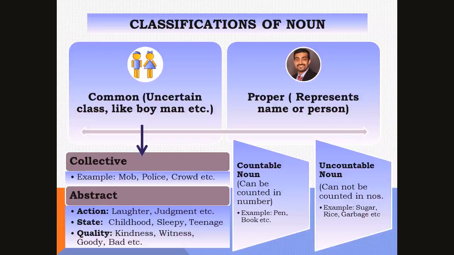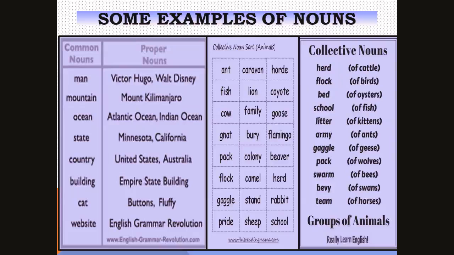And next one, some examples of noun. Different types of nouns you can see in this slide, and mostly proper nouns. I already explained some names, Victor Hugo, Walt Disney, some mountain names, Mount Kilimanjaro or Mount Everest, oceans, Atlantic Ocean, Indian Ocean.